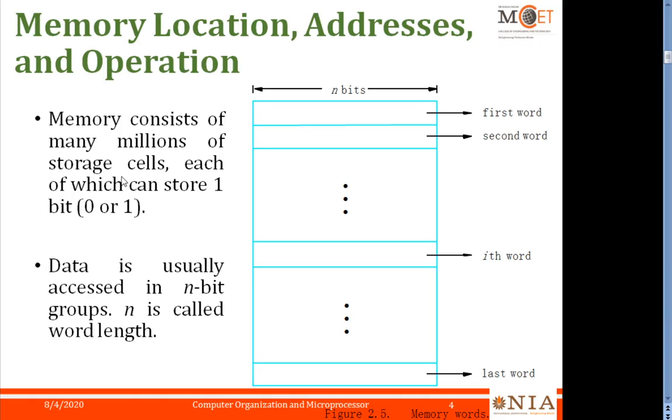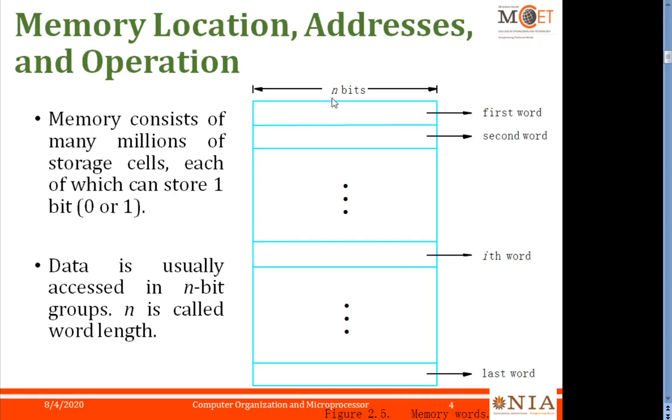So what we are doing is, we are grouping a few bits of binary data into a group. That group is called a word. In memory, we will have n-bit word length data, where n is the word length.